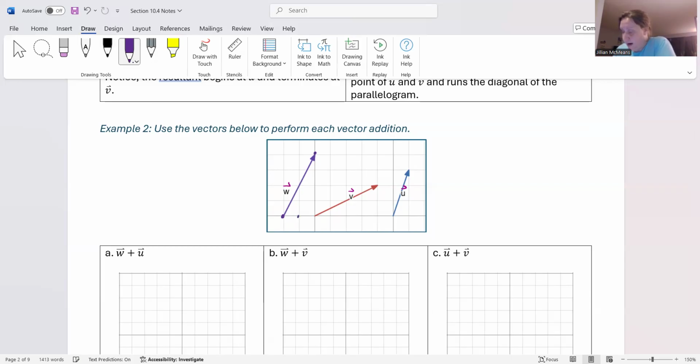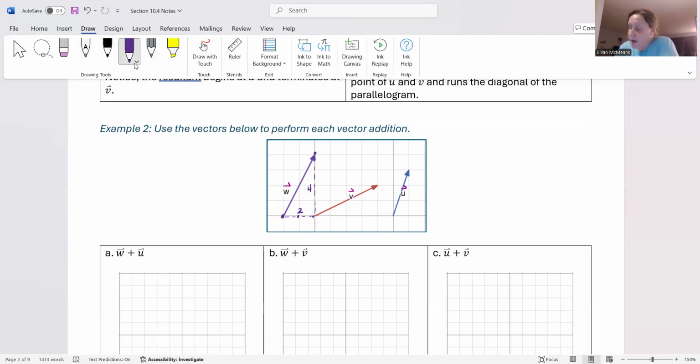Well, I would go to the right two, and then I would go up one, two, three, four. So I'm going to put those inside so they don't get too jumbled here. So I go right two, up four to get from the initial point of w to the terminal point of w.